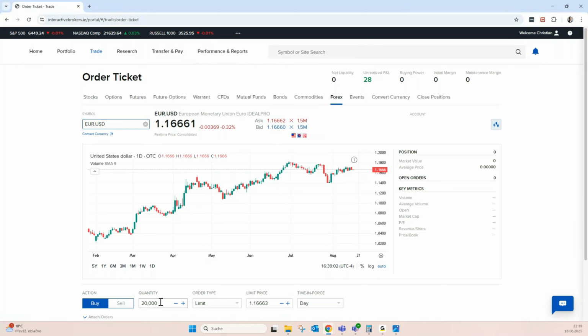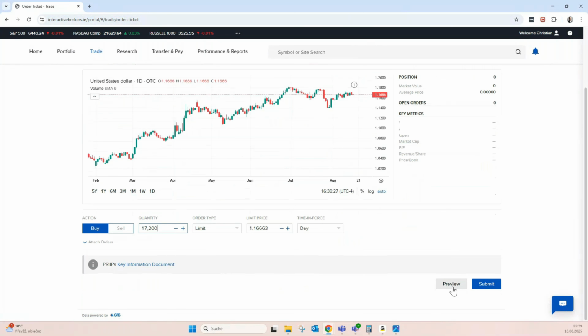And here it's pretty simple. You just have to divide this by the price here, 1.16661, and then it's approximately 7,200 euro US dollar that you need to buy to secure this $20,000 which are invested, for example, in stocks.